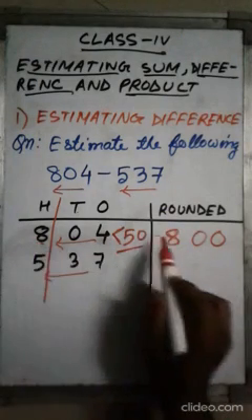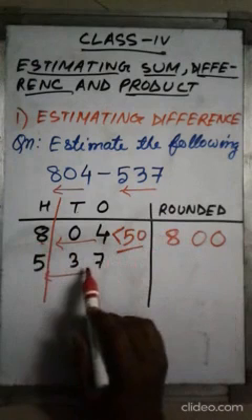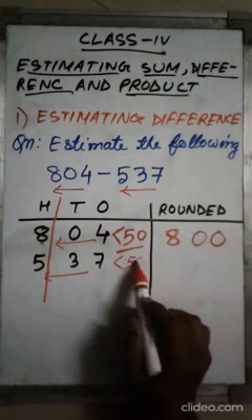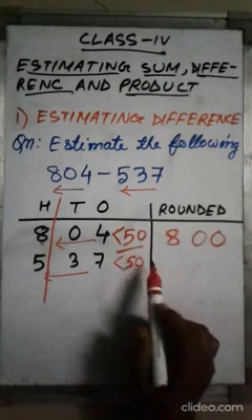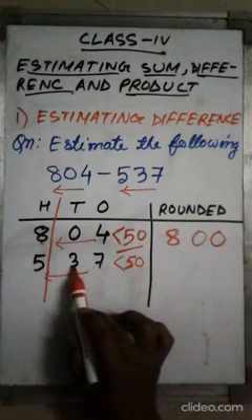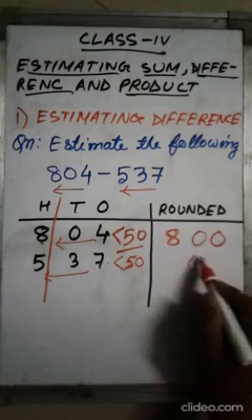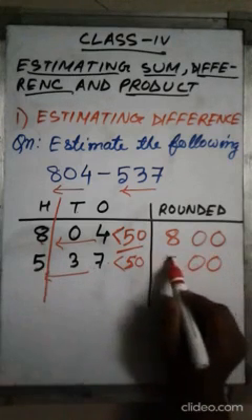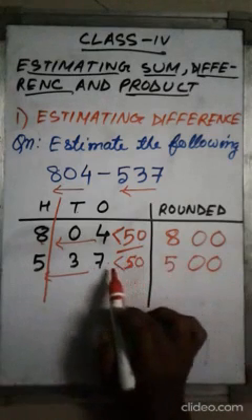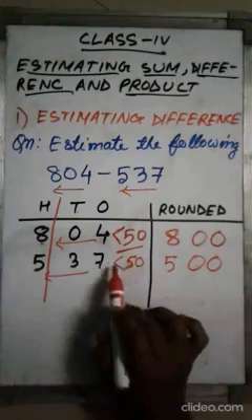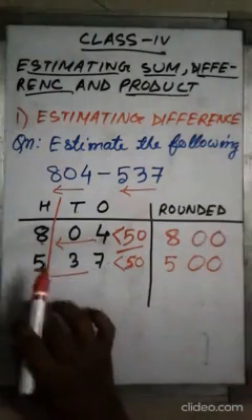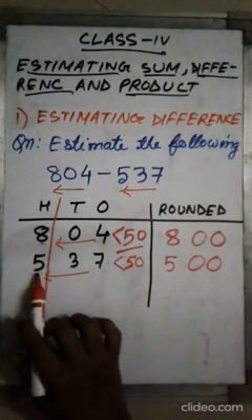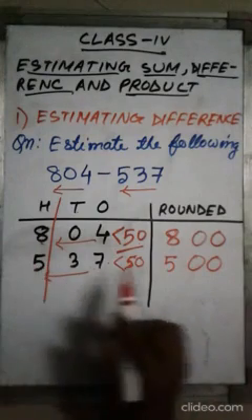If it is 8, it will be 8 only. Here also 37 is less than 50. Therefore, in place of 37, you have to put 0, 0. And for 5, it will be 5 because it is less than 50. If it is greater than 50, then 1 would be added, or incremented, to the digit of the hundreds place.